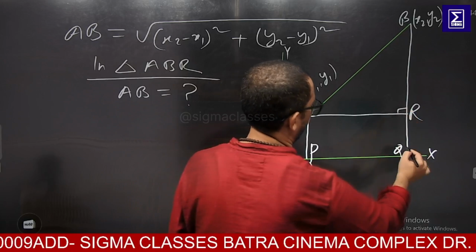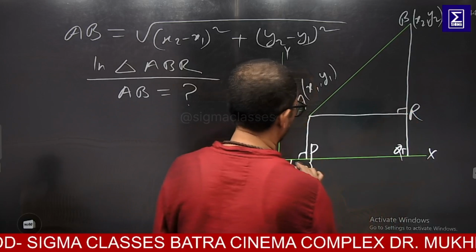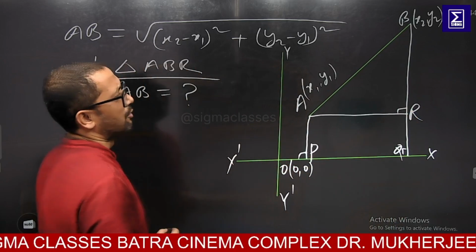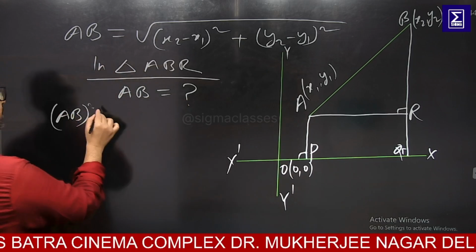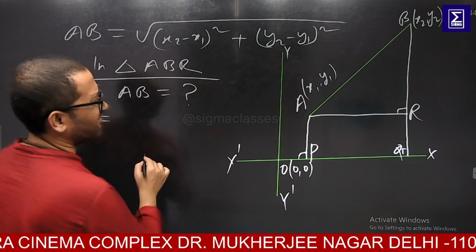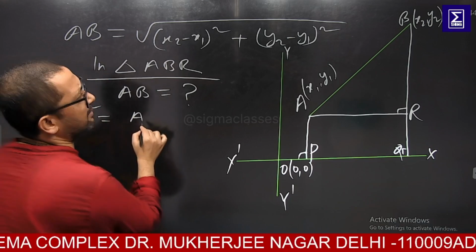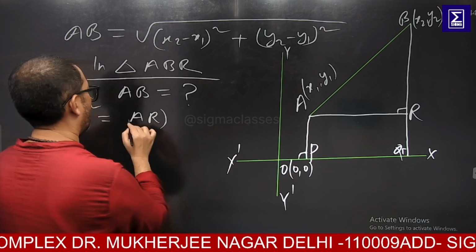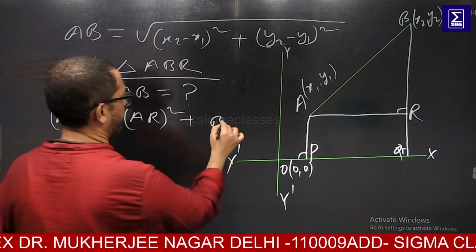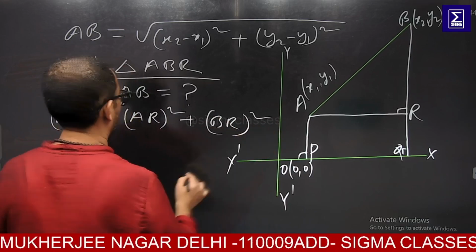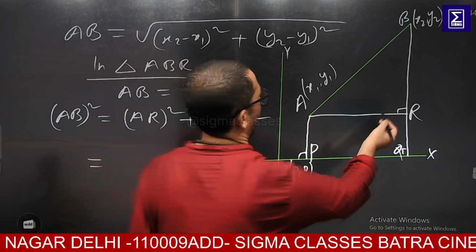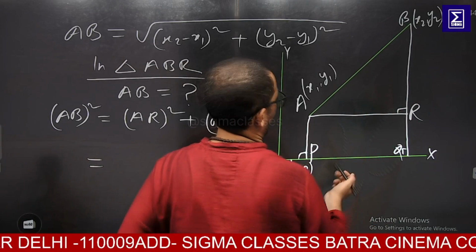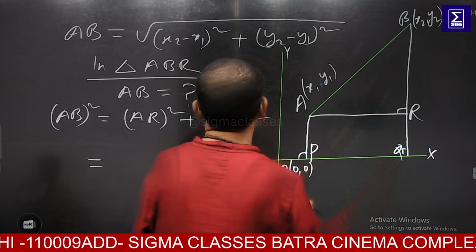It's making an angle of 90 degree. So we know that AB square is equal to AR square plus BR square. So what is AR? AR is the base and BR is the perpendicular. So let's just find AR and BR.